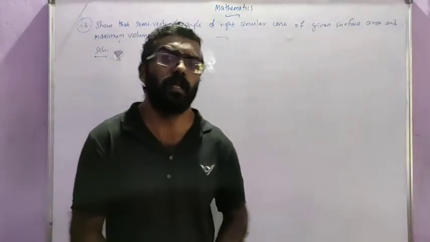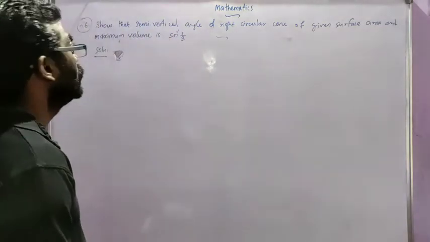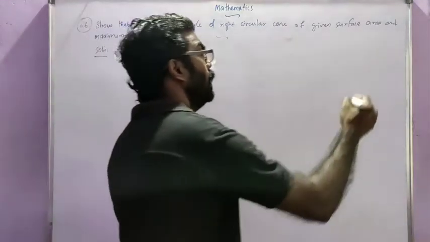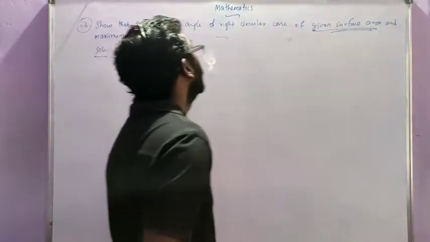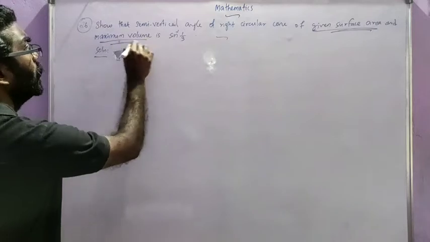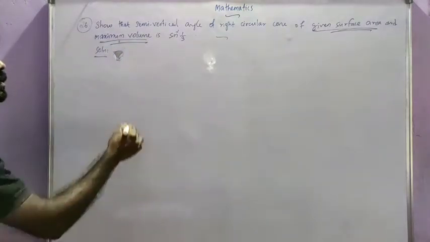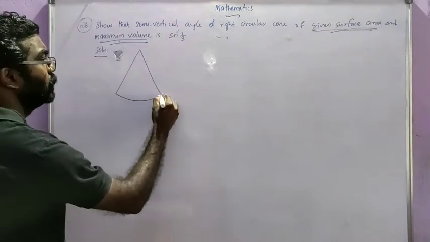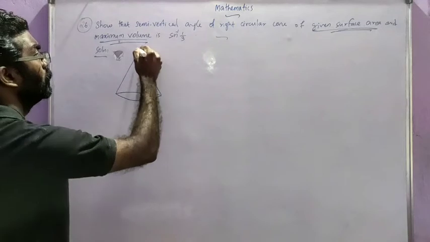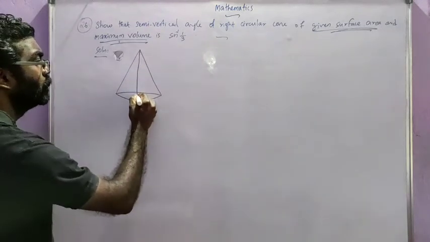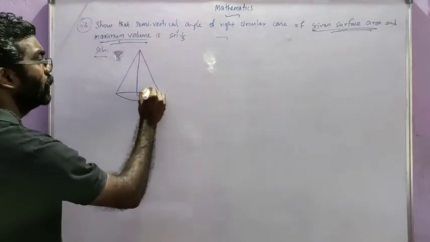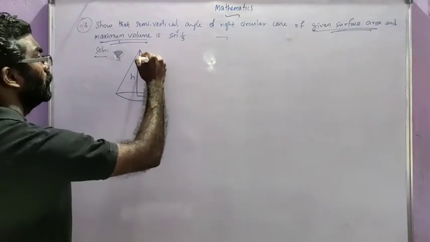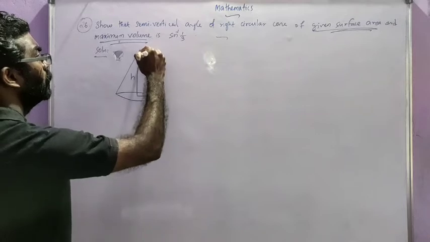Now we move on to the last question in this exercise. Show that the semi-vertical angle of a right circular cone of given surface area and maximum volume is sin inverse 1 by 3. Here also we can take a cone. Let r be the radius, h be the height, l be the slant height, and theta be the semi-vertical angle.